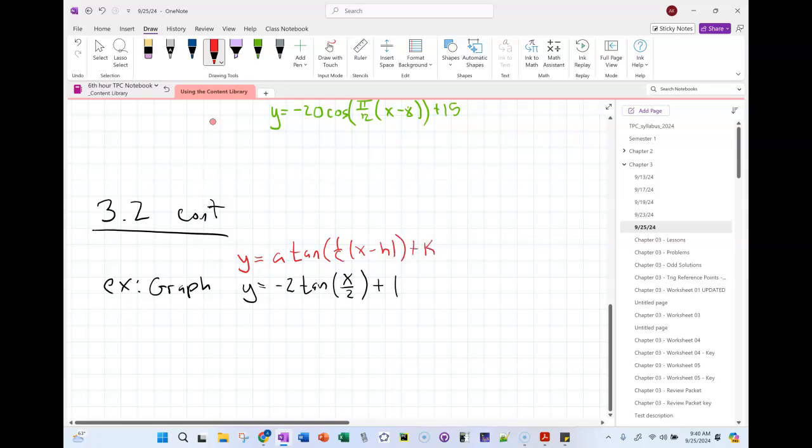So again, just like graphing a sine or cosine function, it's still the same kind of starting. I'm going to start by identifying my values for A, C, H, and K.